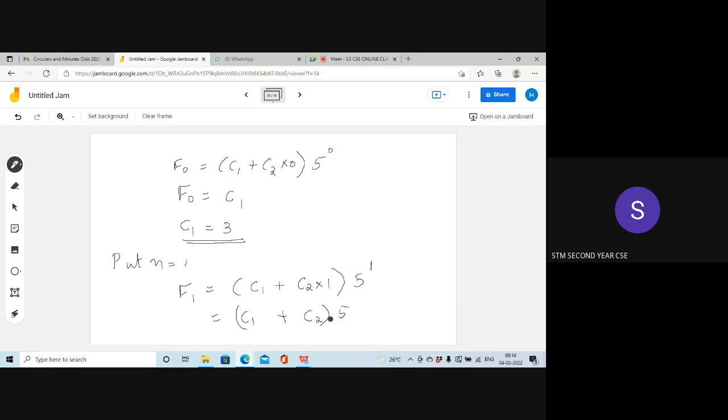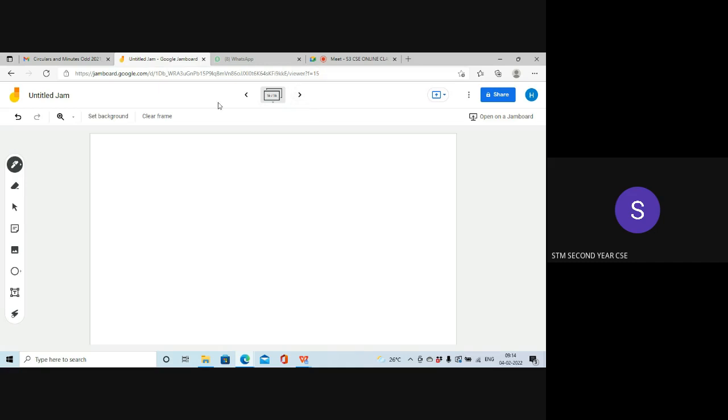Now I have the value of C1, and I know the value of F1 also. It is given in the question as 17, which is equal to 3, the C1 I have found, plus C2 into 5. From this you can find out C2.